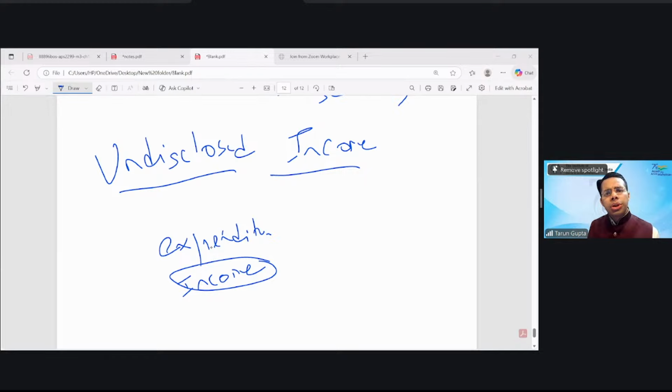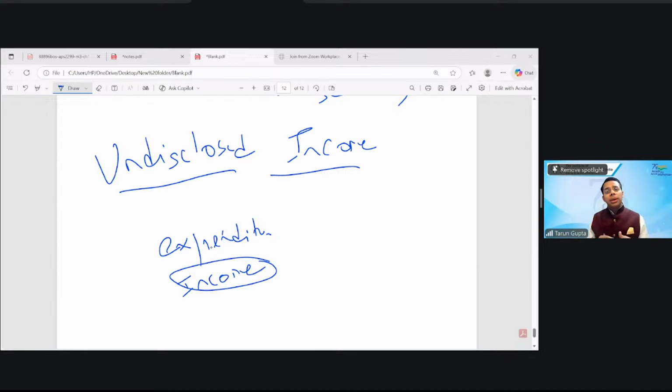What section 68 to 69D says, which is very much related, is that if the assessee is found to be the owner of any asset which is not disclosed, such assets shall be deemed to be the income of the assessee. So what will happen? I can find undisclosed income and can invoke section 68 to tax that.